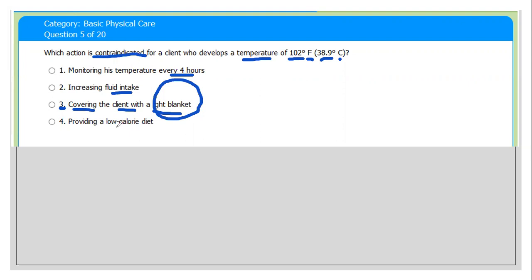Imagine providing a low calorie diet. I'm not sure number four is the answer or not, but I'm sure number one is nothing bad, no contraindication, checking body temperature every 4 hours. Number two, increase the fluid intake, nothing bad. Number three, cover the body with a blanket because I have a fever, cold, I need to prevent heat loss. Number three is not contraindicated.